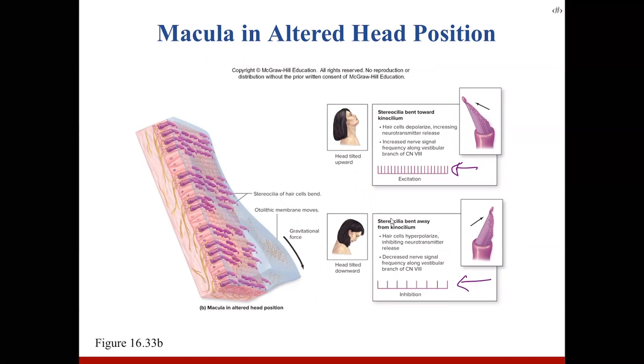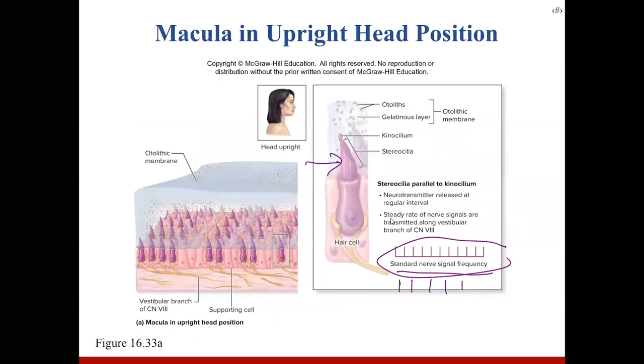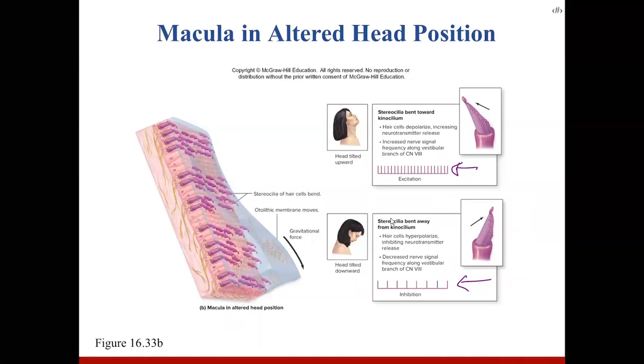That's how our brain perceives where we are in space, by the number of signals that you get. There's a standard frequency, and when you go backwards it gets increased, and when you go forwards it gets decreased. It's all about this otolithic membrane moving.